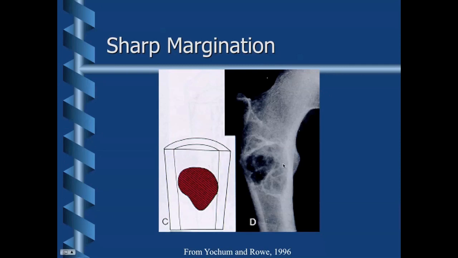So sharp margination is generally a better sign than imperceptible margination. It's very important if you have bone tumours, because the really aggressive bone tumours, such as osteosarcomas or Ewing sarcomas, generally have this imperceptible margin. That means they're highly aggressive, they're growing really quickly.